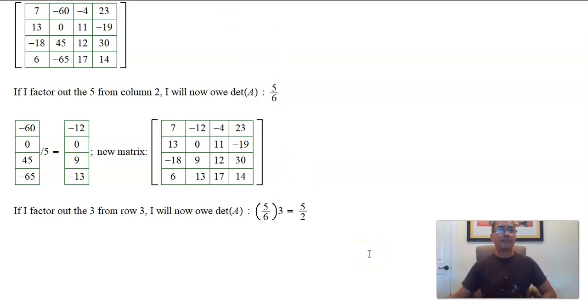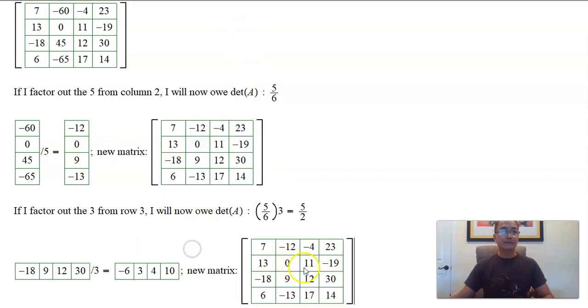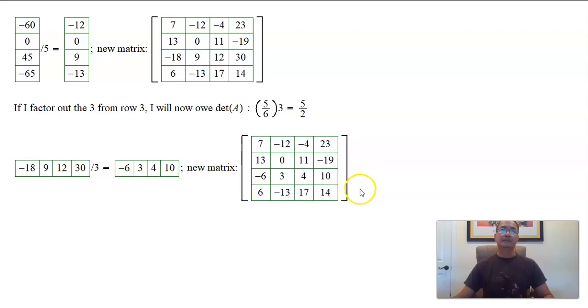Yeah, there we go. Okay, so let's do it. Let's take this, factor out the 3, meaning divide by 3. So we get that. And our new matrix will be, change the third row to this. There we go.